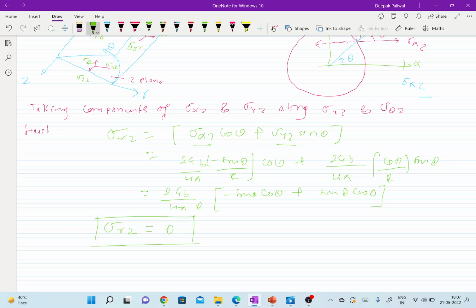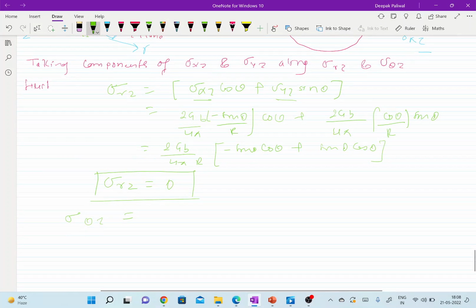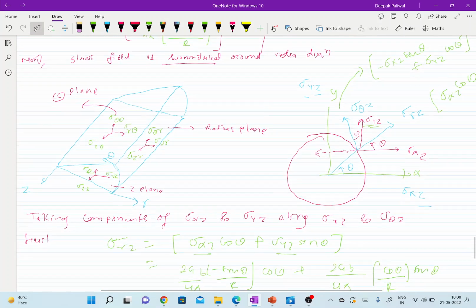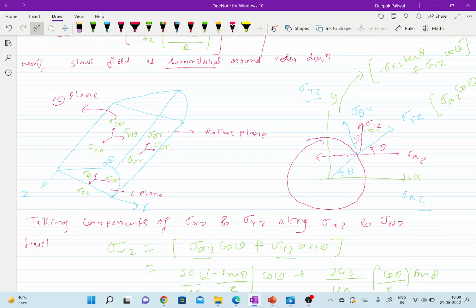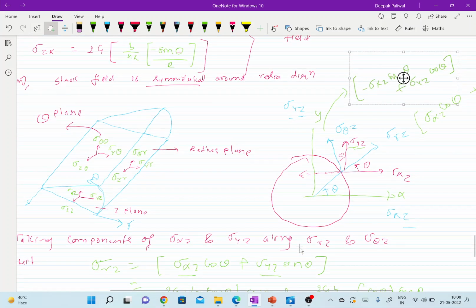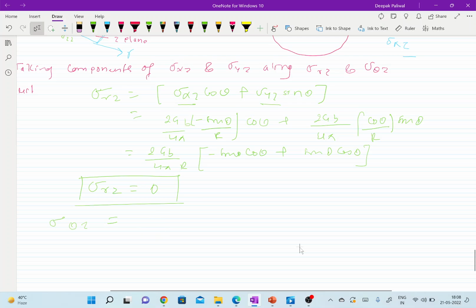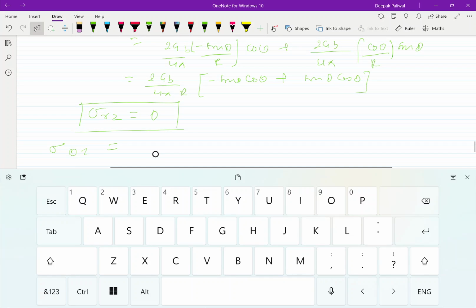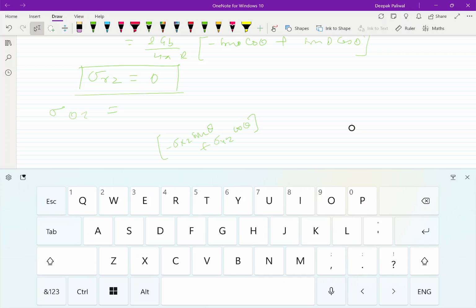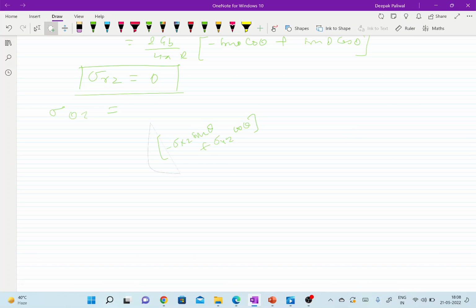Okay, now I am evaluating sigma theta z on the plane in the theta direction. Let me copy the value we have evaluated and paste it here, for the sake of simplicity.